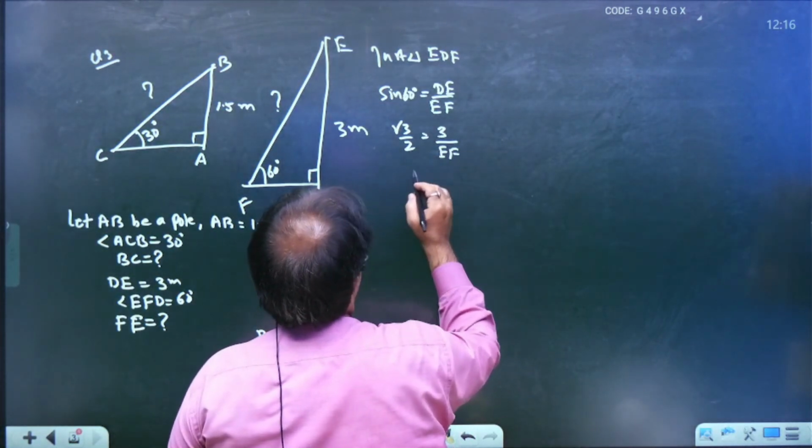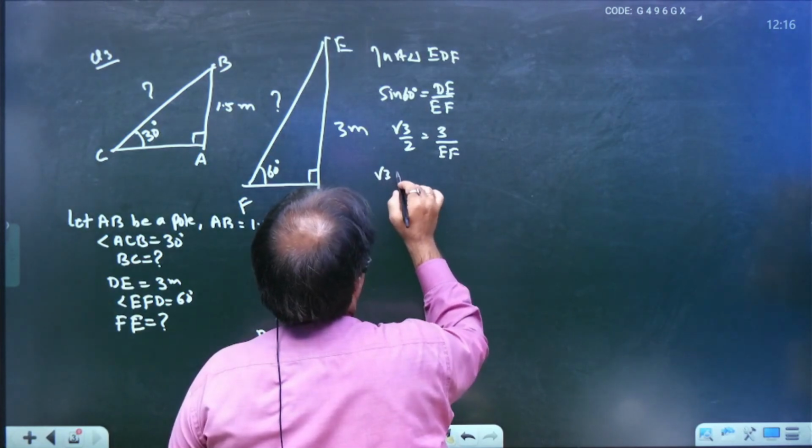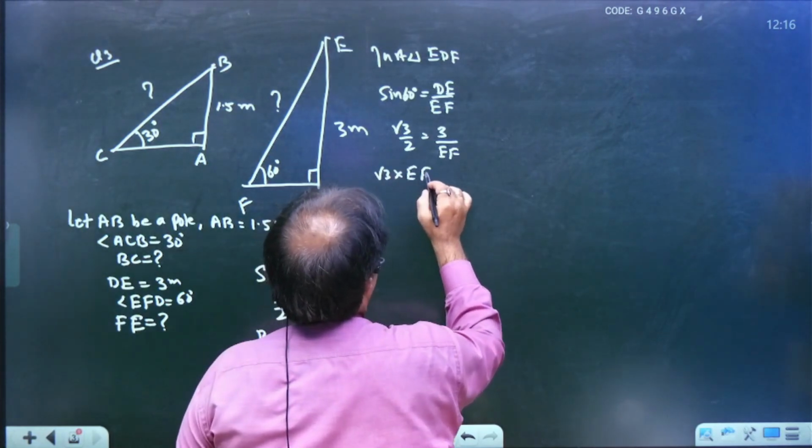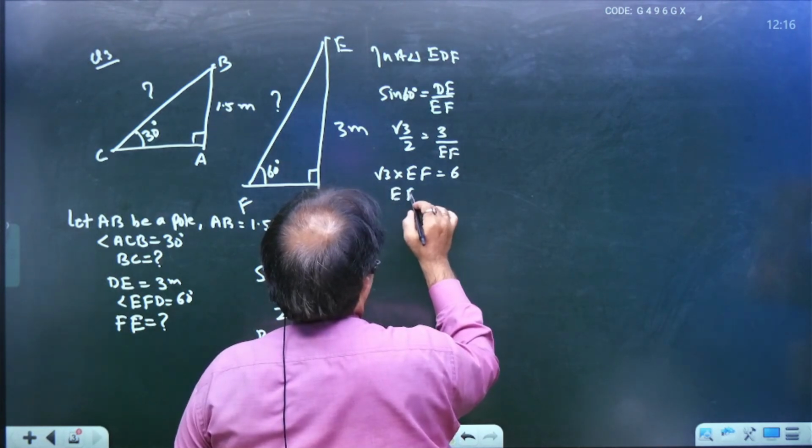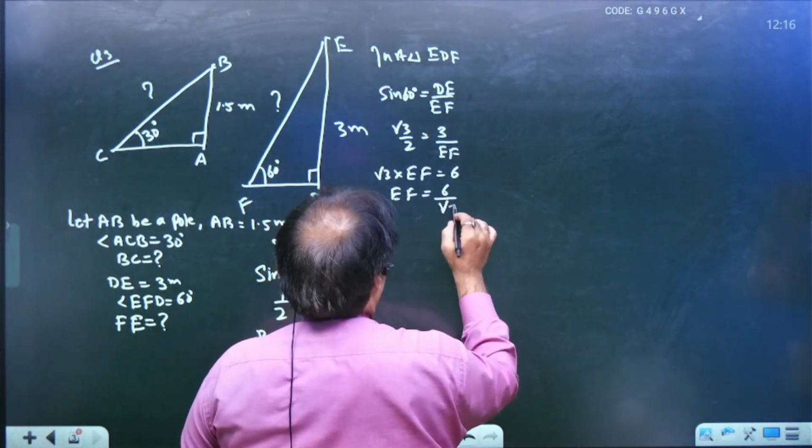So by cross multiplication, root 3 into EF is equal to 6. So the value of EF is equal to 6 by root 3.